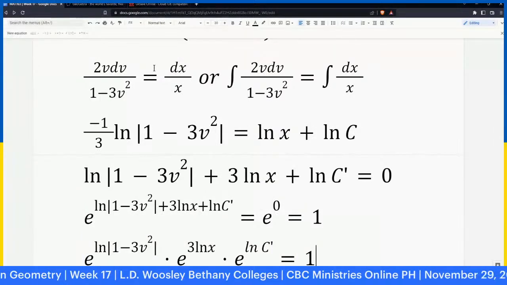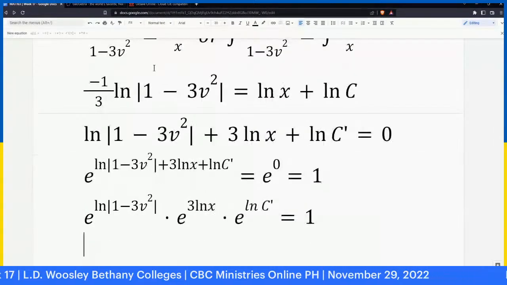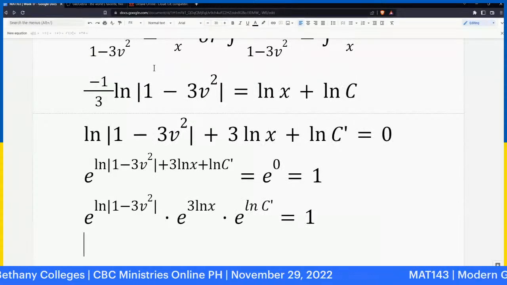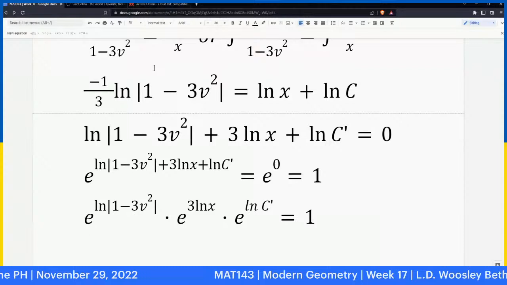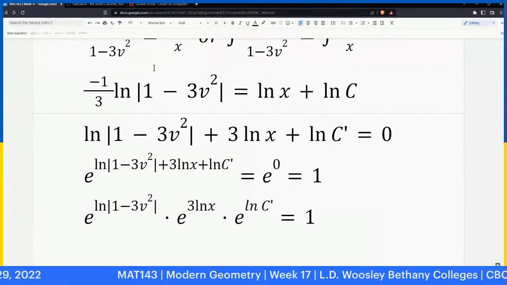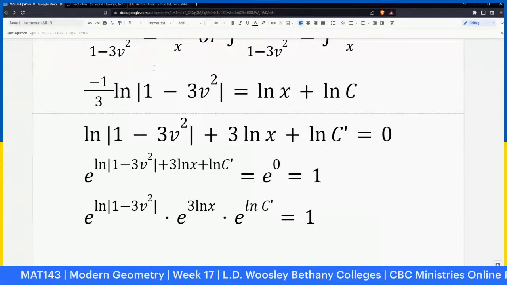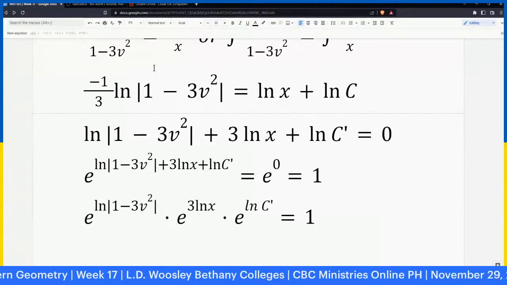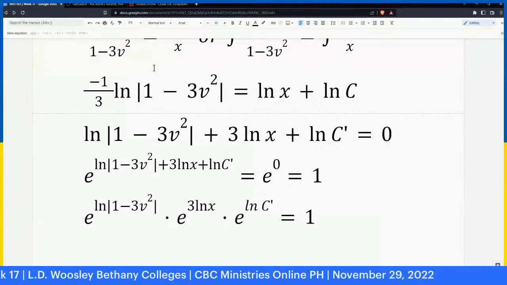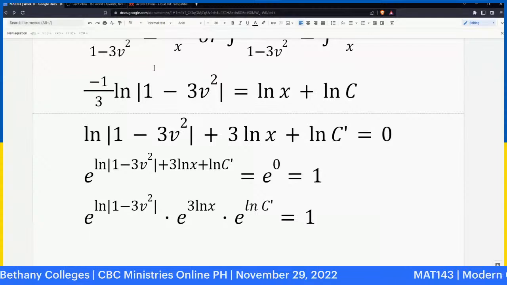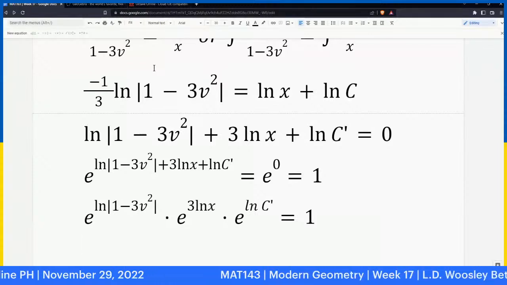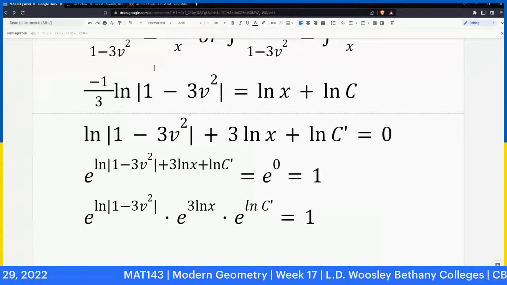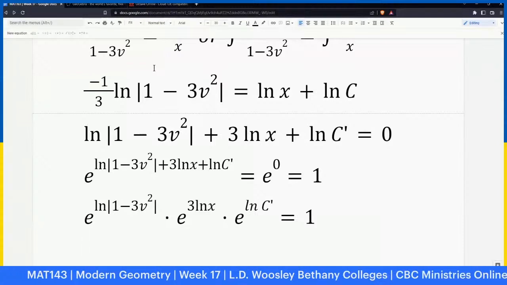Okay. What is e raised to ln? Kayla, what's e raised to ln? What is e raised to ln of something? E raised to ln of u.